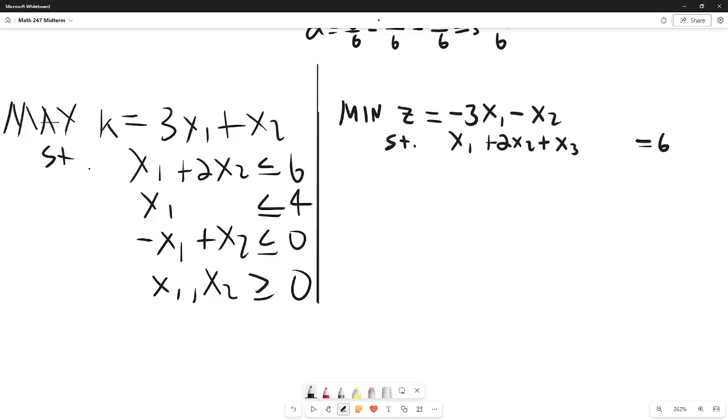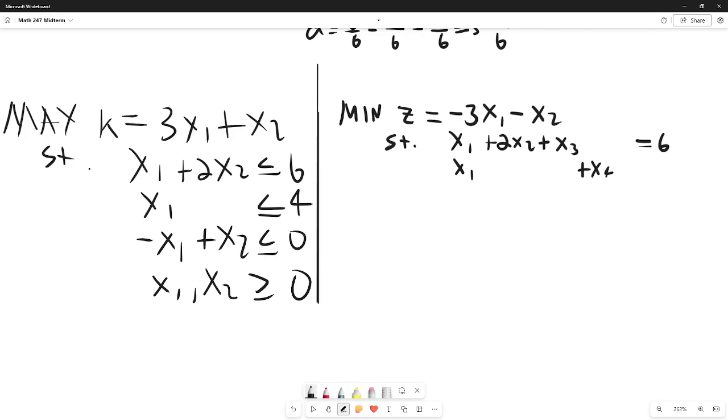So, next one, we have x1. Again, we have another less than or equal to here. So we're going to add another one of these variables, plus x4. You cannot reuse the same variables. Let's say if you already use x3, you can't use it again in another equation. You have to use another variable.